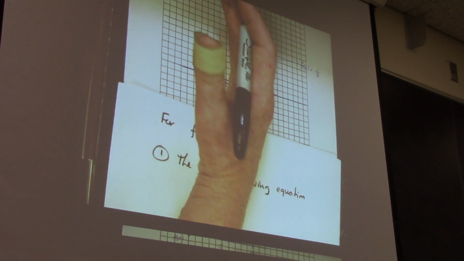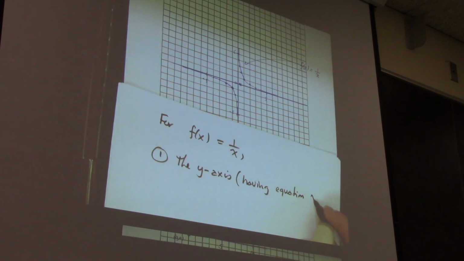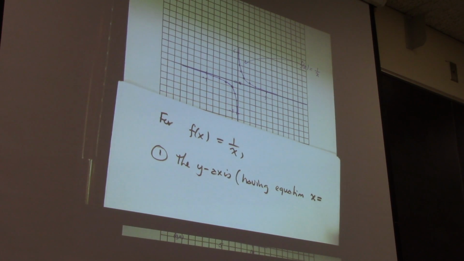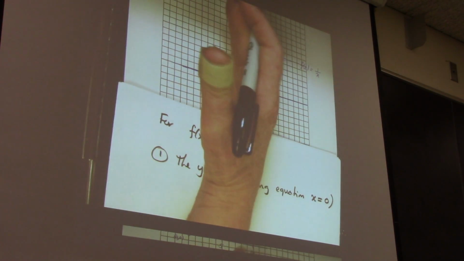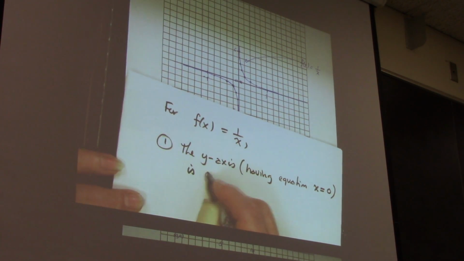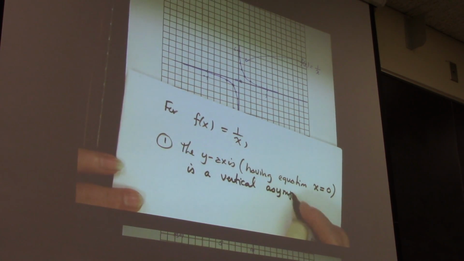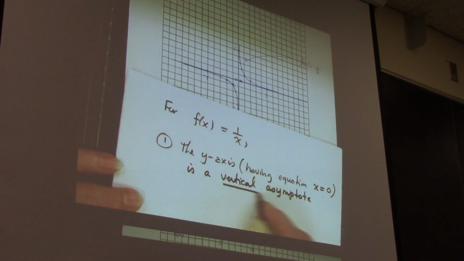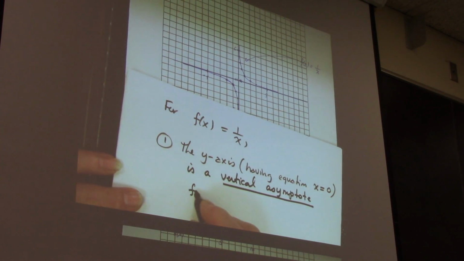If I have a vertical line, the y-axis, where all the x-coordinates equal 0, the equation of the vertical line is x equals 0. That is the equation of the y-axis. So the y-axis is vertical, but the word is asymptote, A-S-Y-M-P-T-O-T-E, a vertical asymptote for the graph.